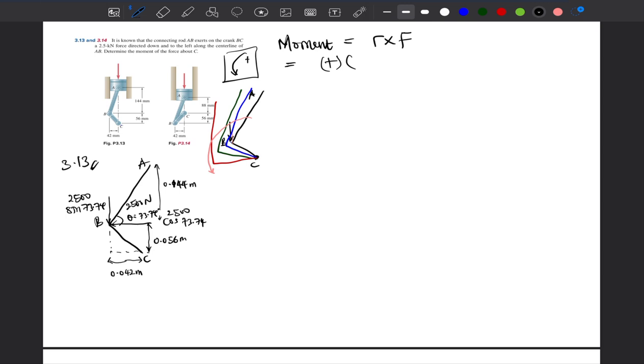So you look at the distance from, I'm going to draw a parallel here, and a similar parallel at C. So the distance between them is going to be, if you look at our diagram here, you can see that if you have a vertical force at B, and if you draw a similar parallel at C here, you can see that the distance is going to give us 0.042 here.